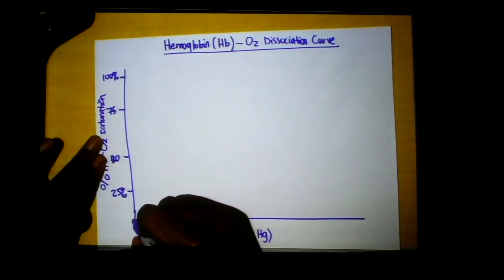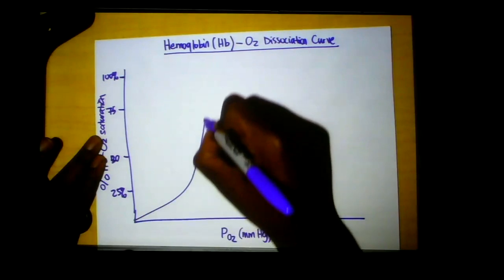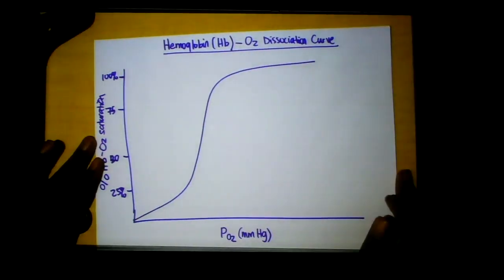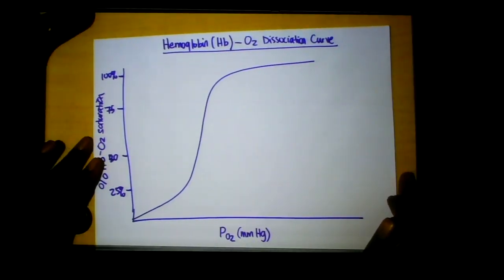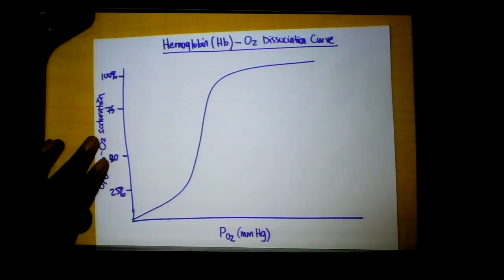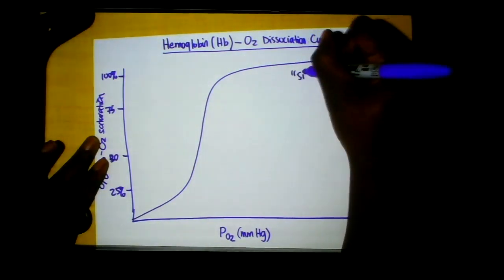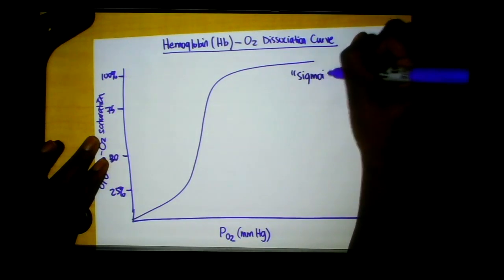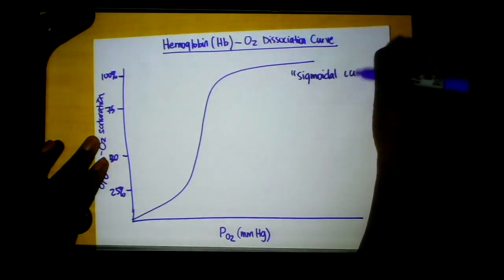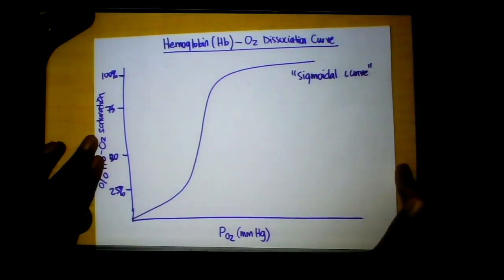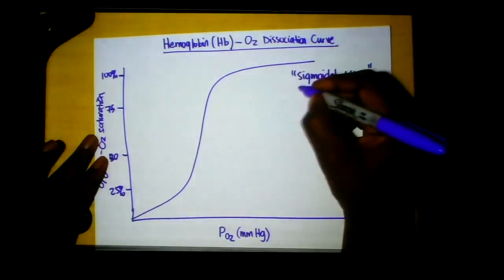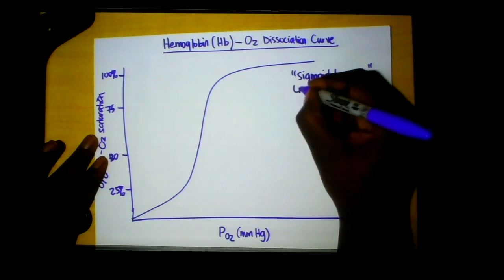And we talked about the shape of this graph being this sigmoid curve. Right, the sigmoidal curve. And that is really describing what we call cooperative binding.